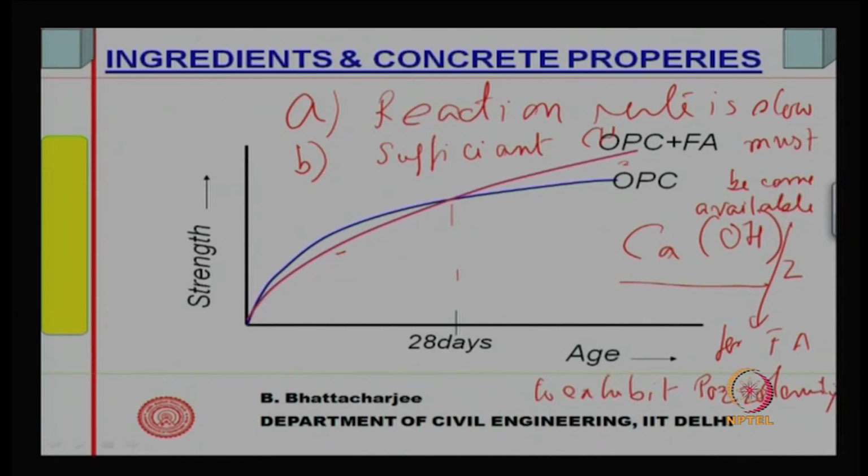So, I must have a sufficient amount of lime in the system, and therefore, in the first 10 days I do not see any strength gain. In fact, if you see the same 28 day strength, early strength is much less.